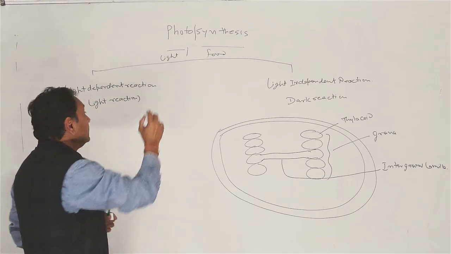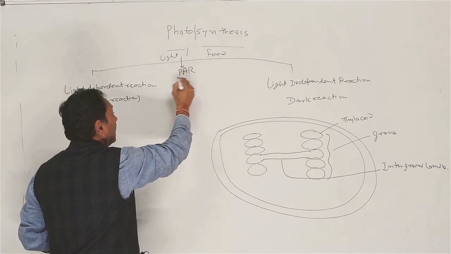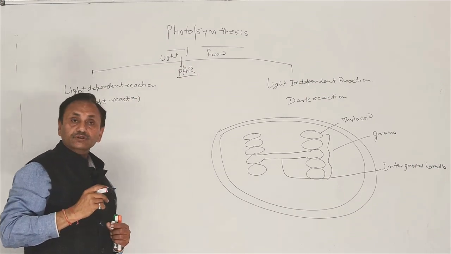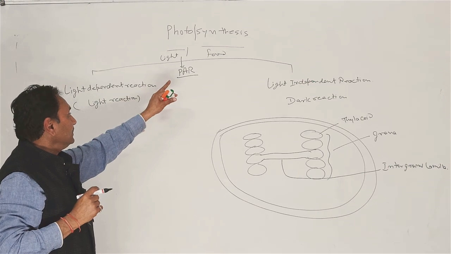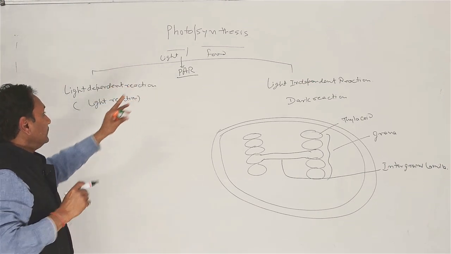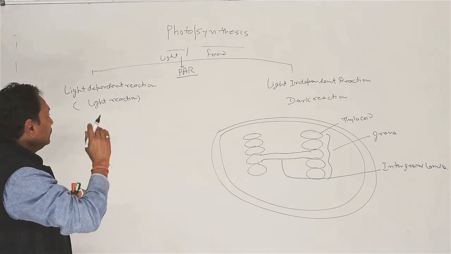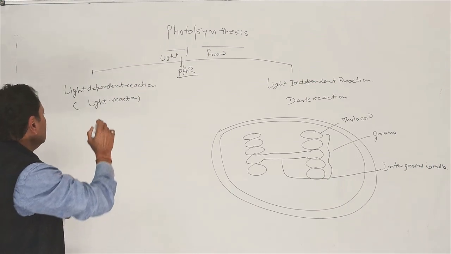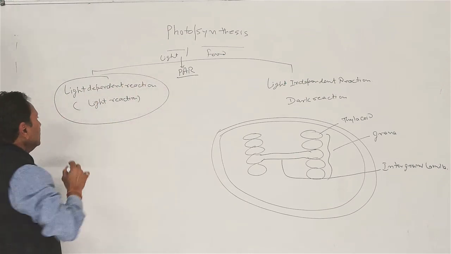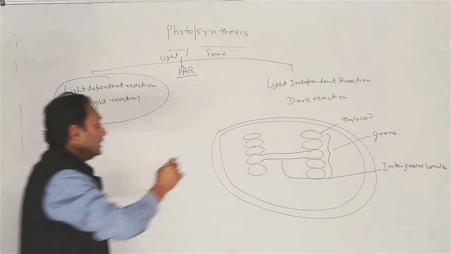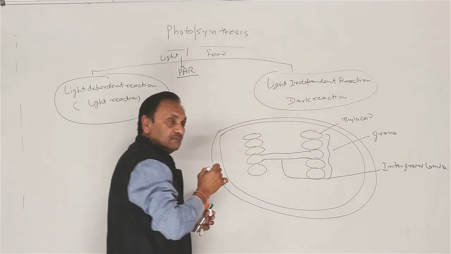And the light, the sunlight, the PAR, P-A-R, that is called photosynthetically active radiation, will participate in the production of the food in photosynthesis. This photosynthesis can be studied under two subheadings: one is the light dependent reaction and another is the light independent reaction.